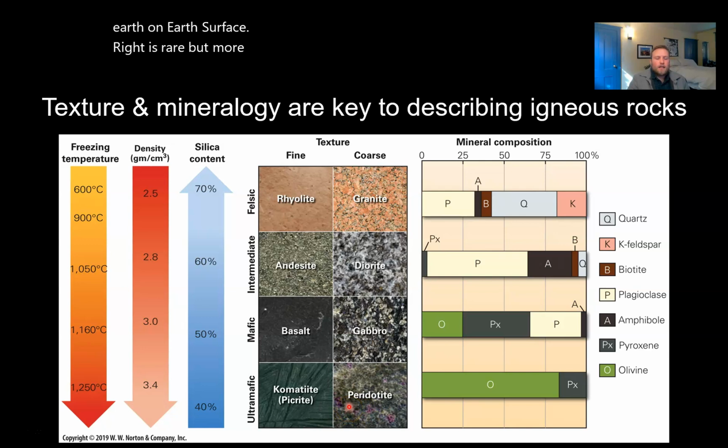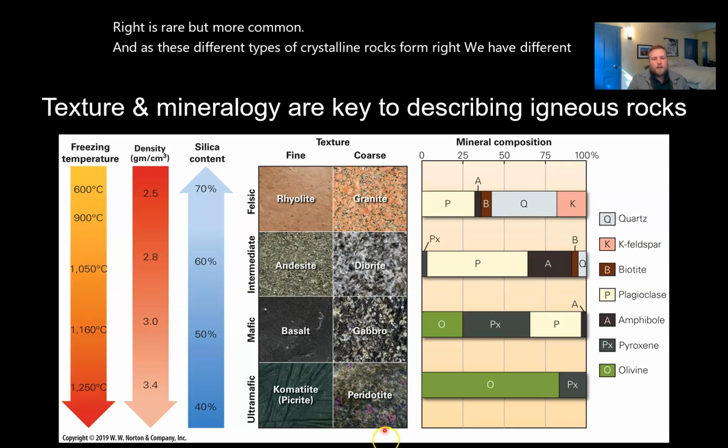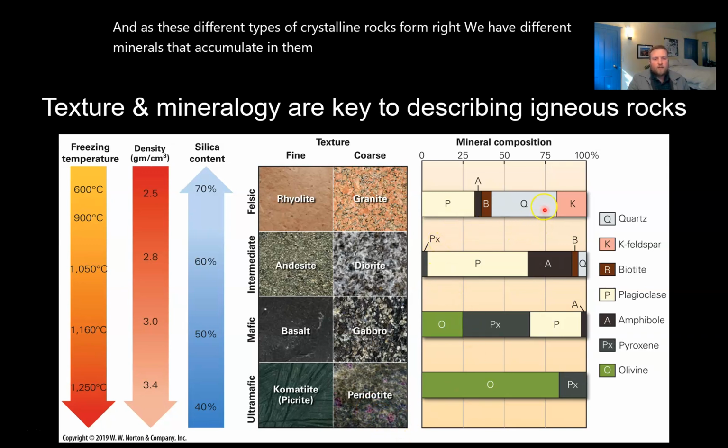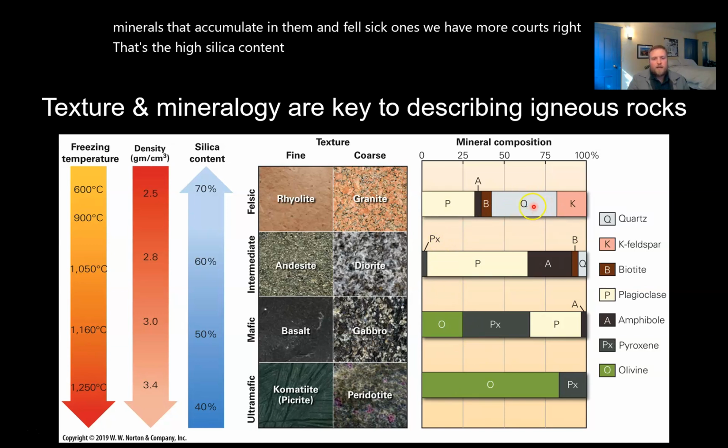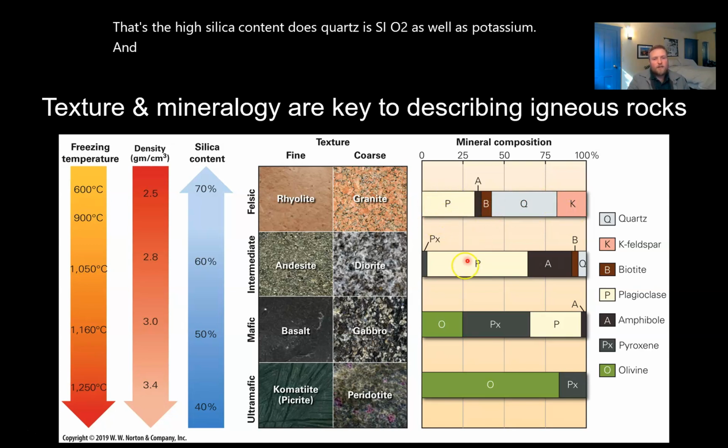Okay, and as these different types of crystalline rocks form, we have different minerals that accumulate in them. In felsic ones, we have more quartz, that's the high silica content because quartz is SiO2, as well as potassium and plagioclase feldspars.